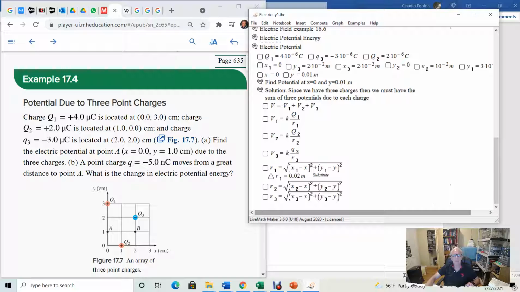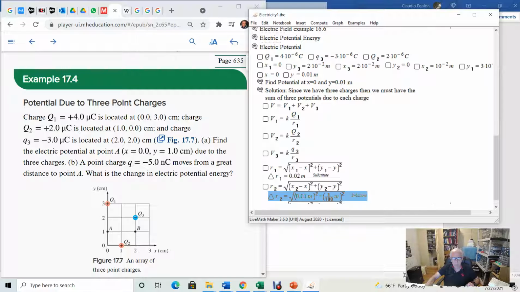R2 is a little bit more difficult, right? But I can say that's going to be square root of 2, because it's this distance right here in the square, 1 and 1. Let's see if you get it right. Y2 and x2, x and y, substitute for r.